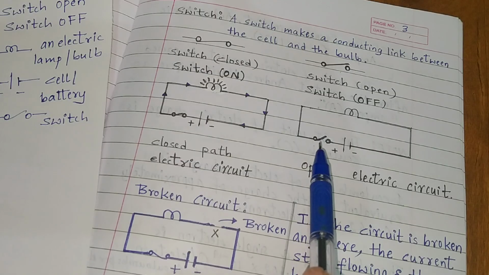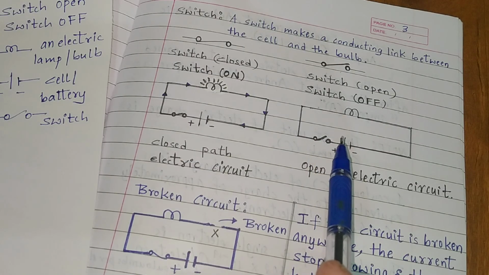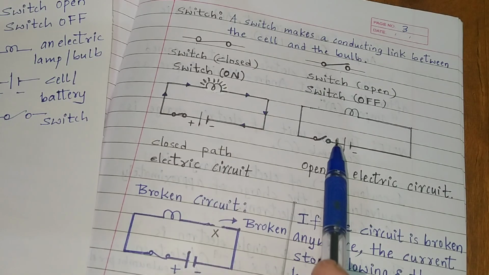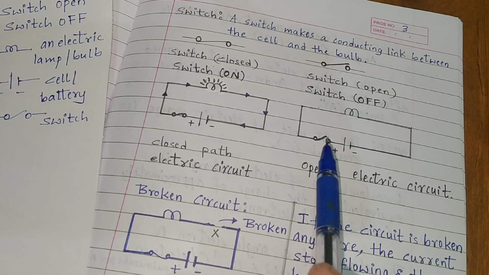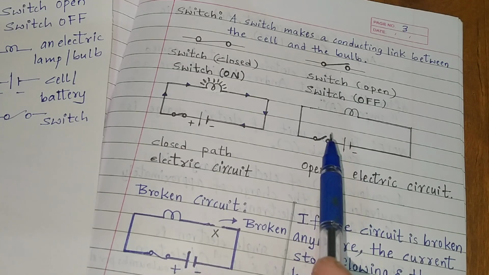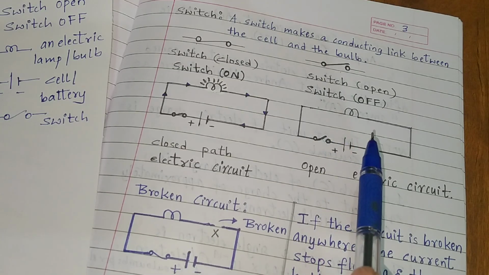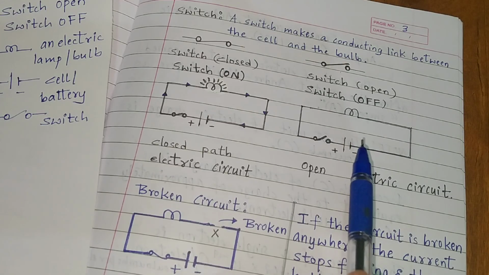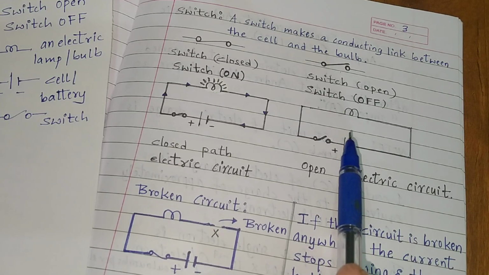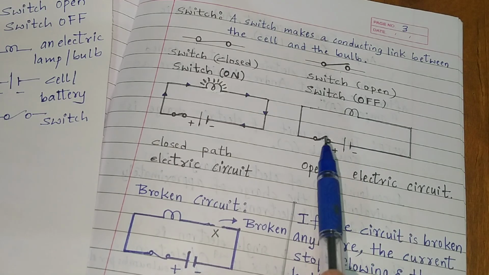But here the position of a switch is completely in an open condition, hence a conventional current or an electric current does not flow in a circuit. It is a completely open electric circuit which is shown in a figure. I hope, dear students, you have understood very well.